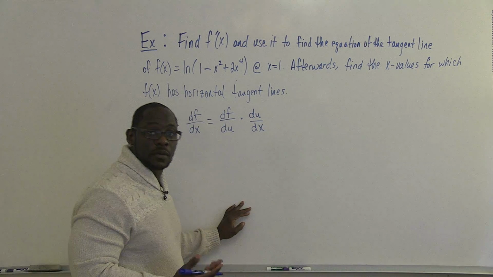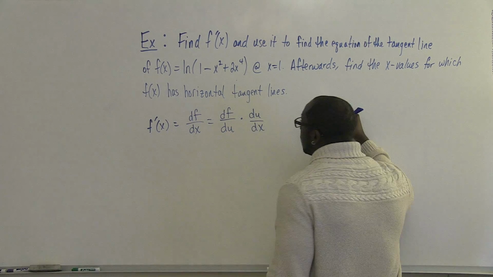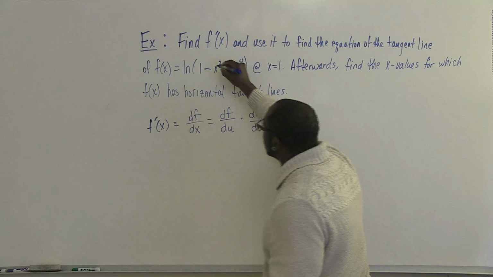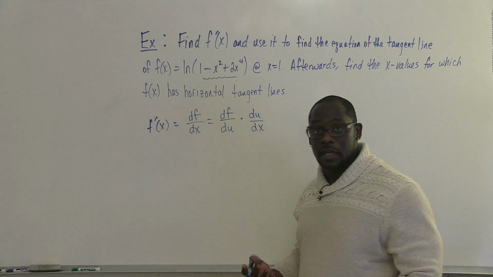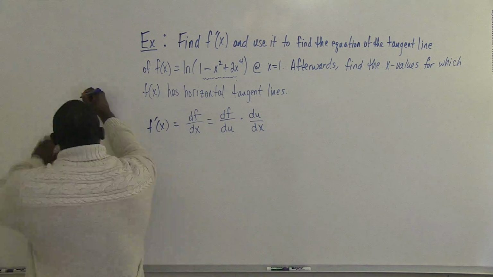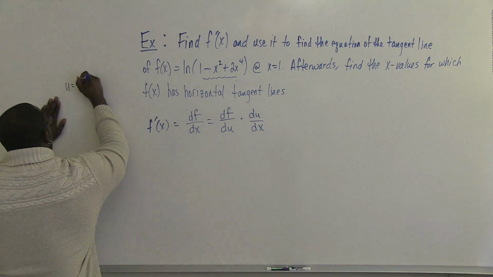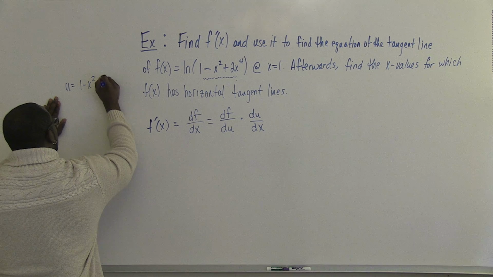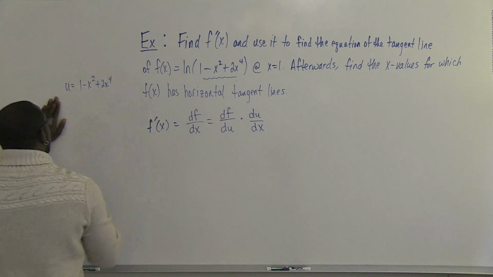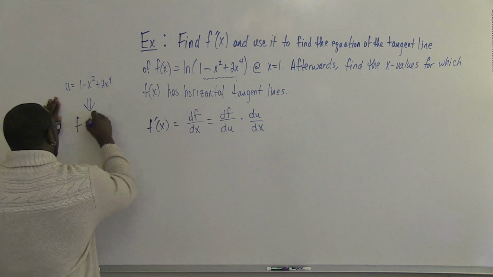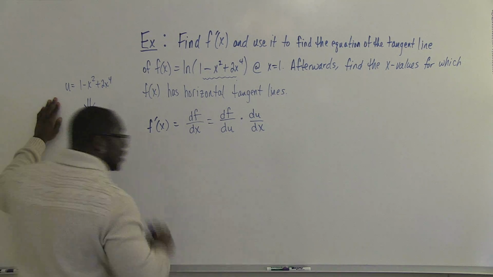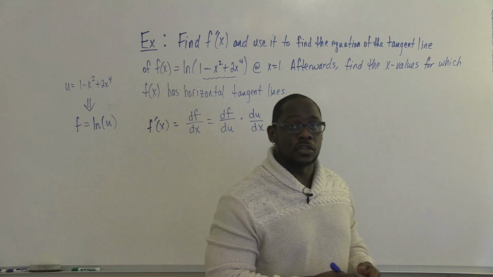And of course, when I rewrite it this way, I know that one of the things that I can do is take the inside function and write it as u. So I'll come over here and say u is going to be this. And so if that's the case, then we know that f can now just be written as natural log of u.